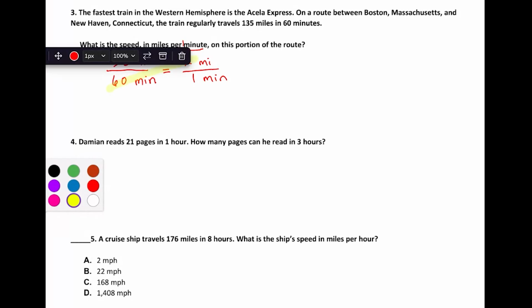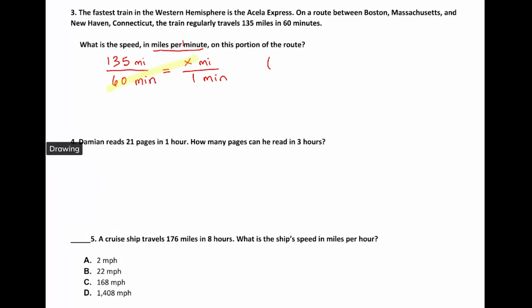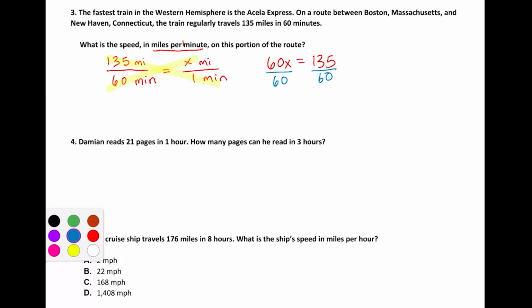So 60 times x is, well, just 60x. 135 times 1 is 135. And then we'll use our properties of equality here, specifically the division property of equality. Divide both sides by 60. We get x equals whatever that equals. I'm going to have to type that in just to make sure I'm getting it right. 135 divided by 60 gives me 2.25, and that's going to be measured in miles per minute.